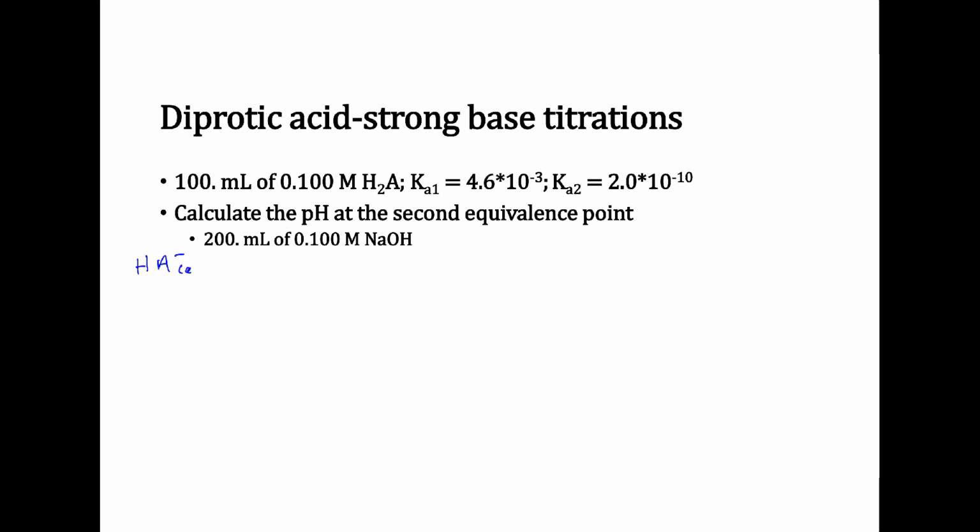We have HA minus plus OH minus yielding A2 minus plus H2O, and our initial moles 0.0100 moles. Same thing for hydroxide, because now we're only looking at the additional 100 milliliters that was added.